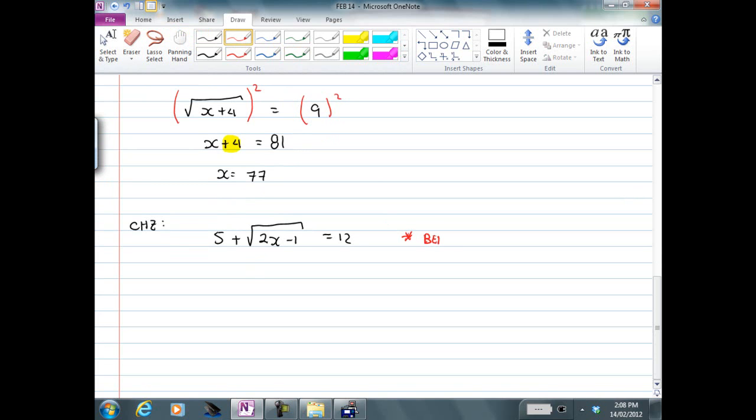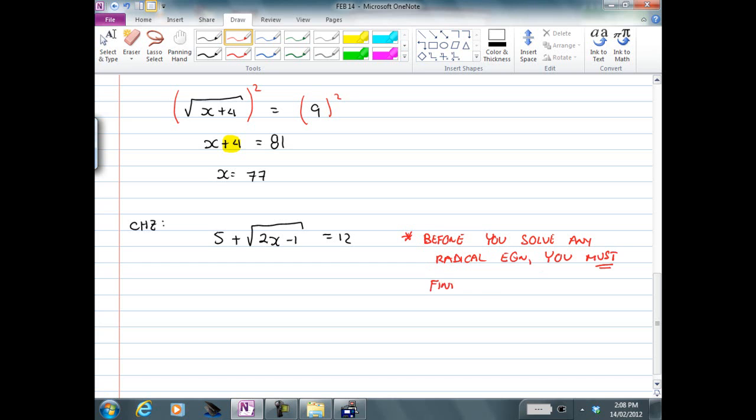Before you solve any radical equation, this is crucial. Any radical equation, you must, this is a key. Underline the word must. If you don't do this, the whole thing is wrong.